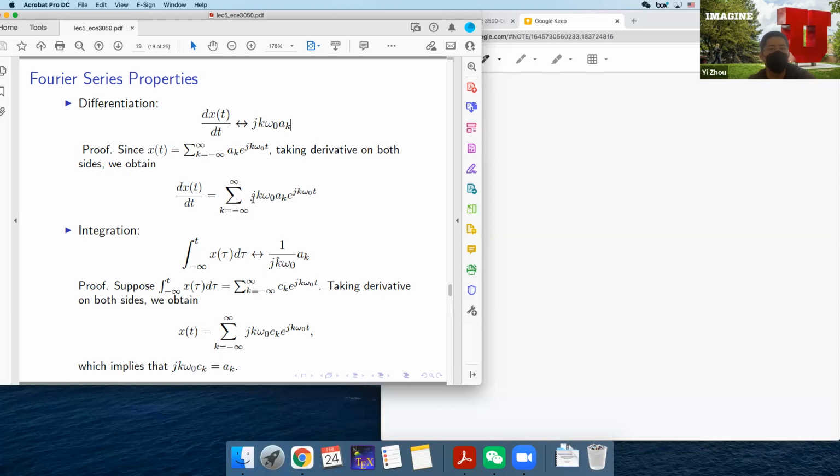So from these two, we can see that differentiation and integration in the time domain are usually computation intensive in general. However, if we deal with these two operators in the frequency domain, they are very simple. It's basically multiplying the spectrum by some complex numbers. So multiplication is always simpler.